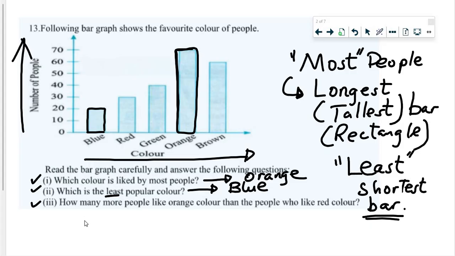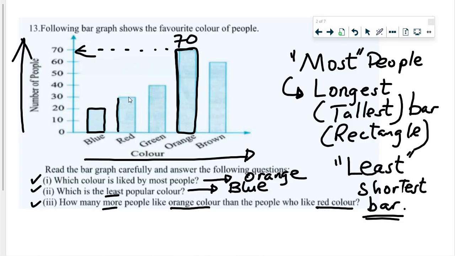Last question. How many more people like orange color than the people who like red color? So we have orange color. How many people? 70. So right here, 70 people. And this is orange color versus red color.